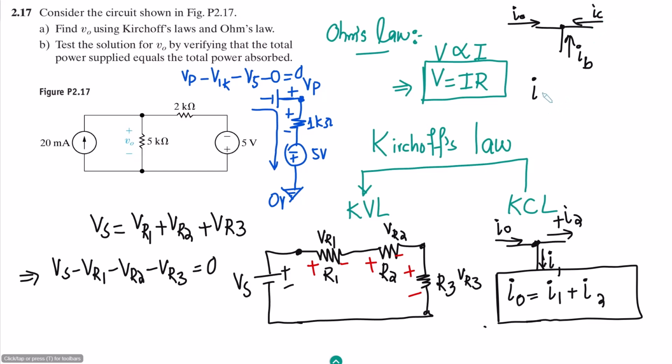So it will be I naught plus IB plus IC, and this will be equal to 0, because all the currents are moving towards this node, and that's why the summation of all the currents will be equal to 0. Okay, so that is basically the interpretation of Ohm's law, Kirchhoff's law, KVL, KCL, and all the things which we will be using in this question.